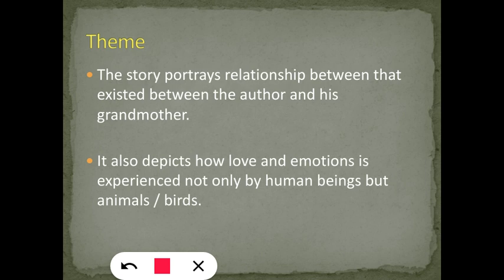That we will see in the later course of the explanation. But for now, you need to understand that, even birds and animals, okay, they do understand the language of love that has been depicted in this particular story.